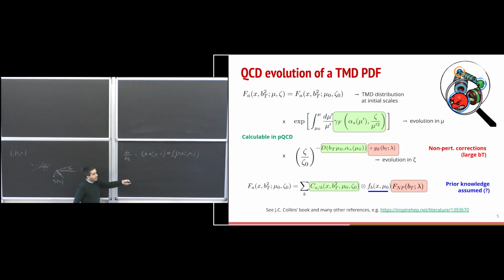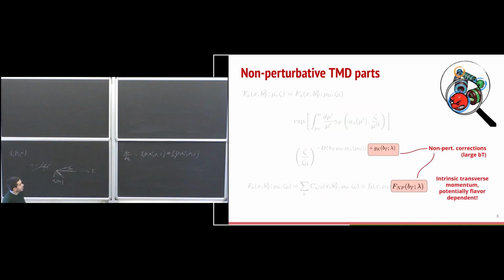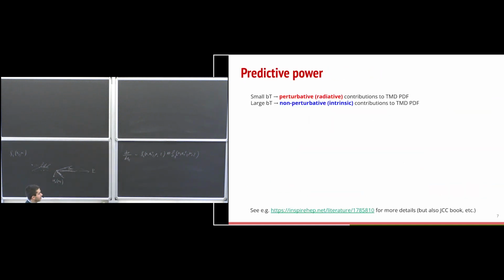When the red boxes dominate the calculation, instead, my cross-section could be very sensitive to the details of the non-perturbative models that I put in there. So I need to be very, very careful about what I do. So the question is, where do the non-perturbative corrections dominate?